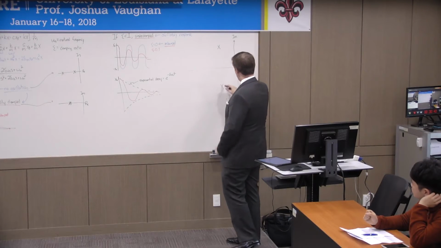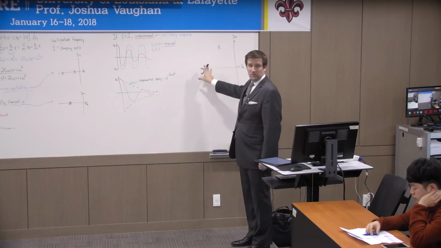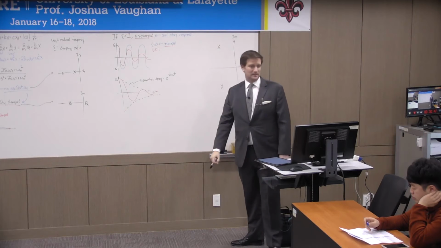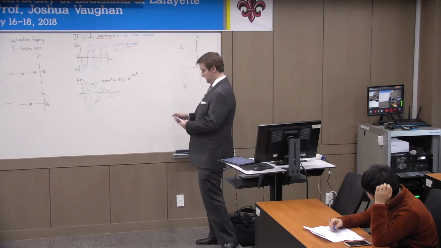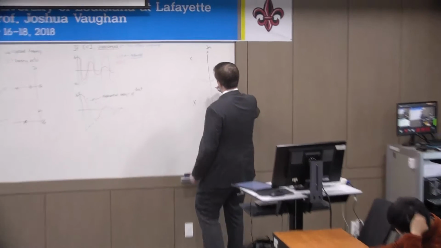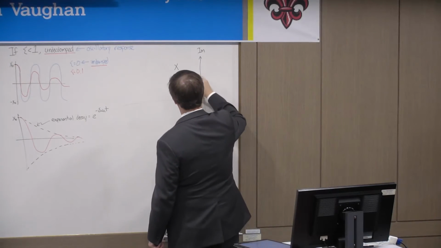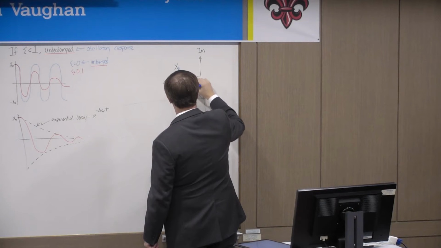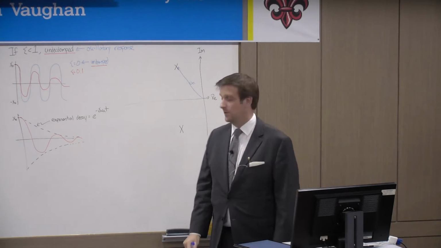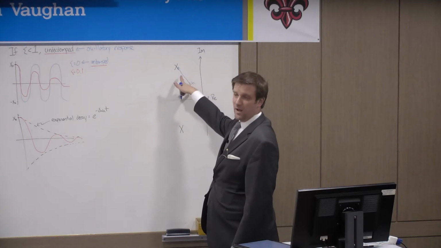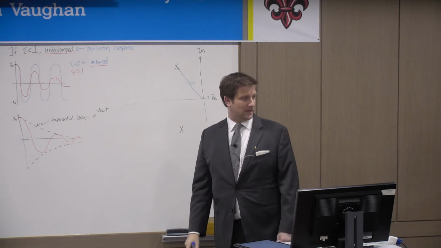If somebody just showed you this pole-zero map of a system, you'd know a lot about its response immediately. What you know is the length of this vector from the origin to that pole gives you the natural frequency, in radians per second.